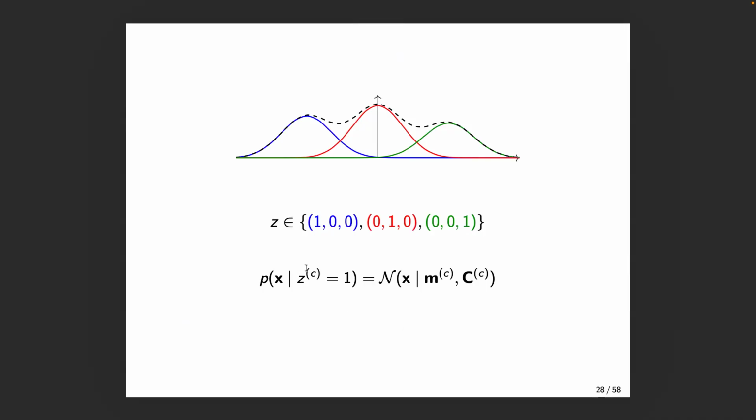Given that we know from which cluster, whether the blue Gaussian, red Gaussian, or the green Gaussian, the data point was sampled, we can just use the formulation for the probability of a normal distribution. But here we also have to assume that we know the parameters for each Gaussian, because each Gaussian is characterized by a mean vector and covariance matrix, which means that each cluster is associated with a mean vector and covariance matrix.